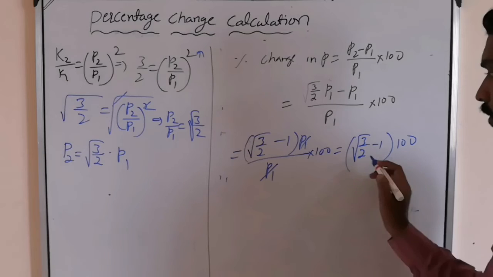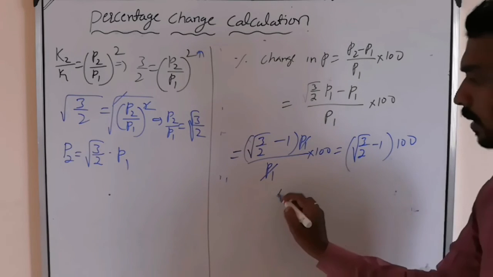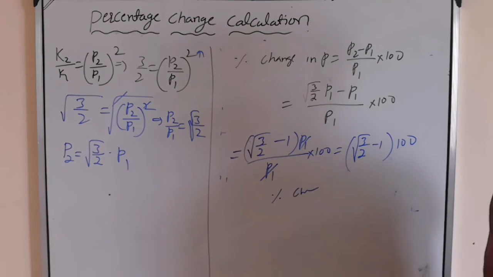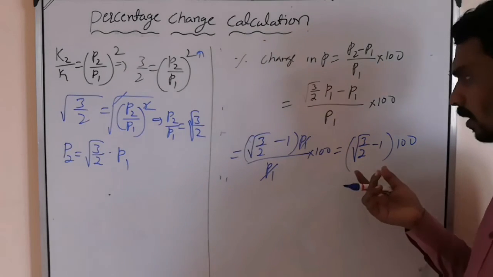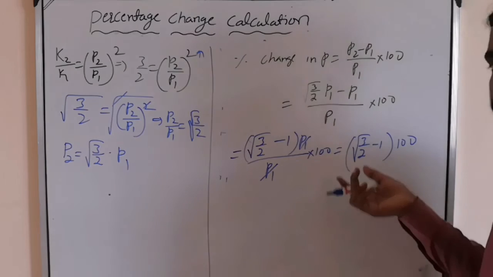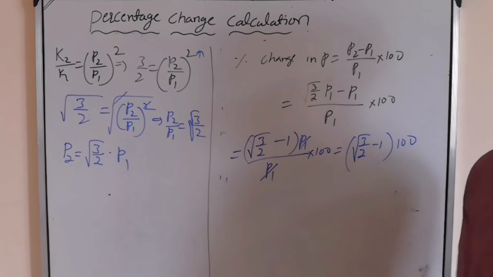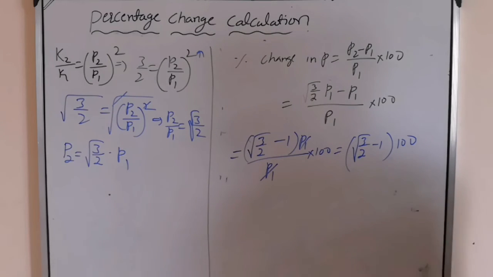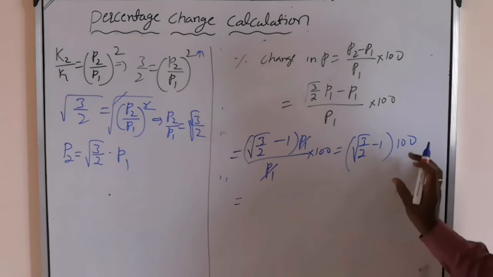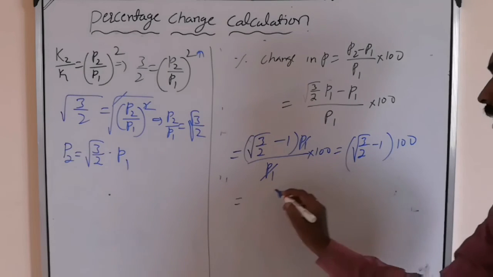So this value, if you calculate, what will you get? The percentage change in linear momentum. So here they have given for kinetic energy and you found for linear momentum. Now here this is one value, but we need to take the final value.